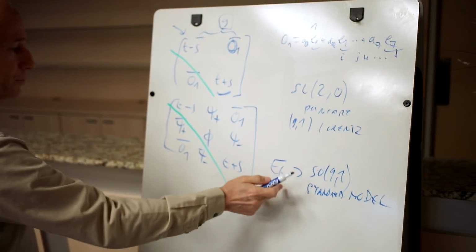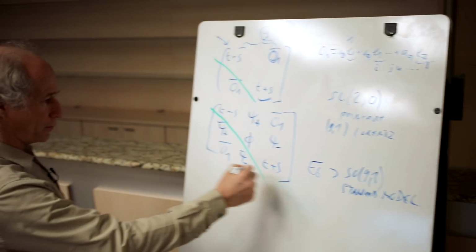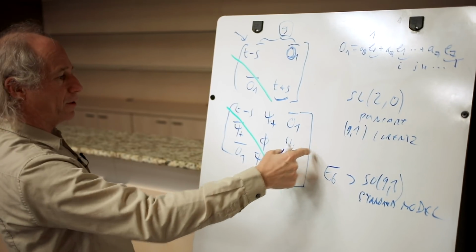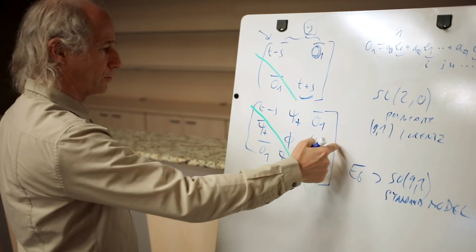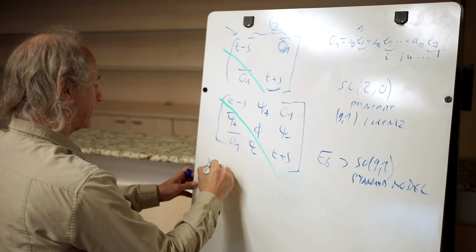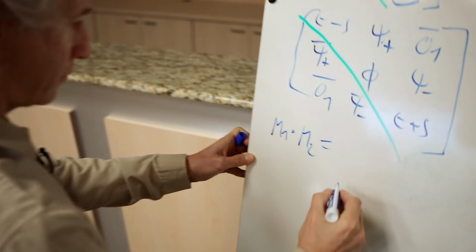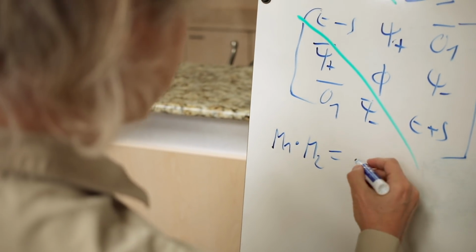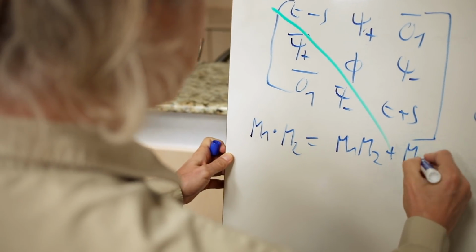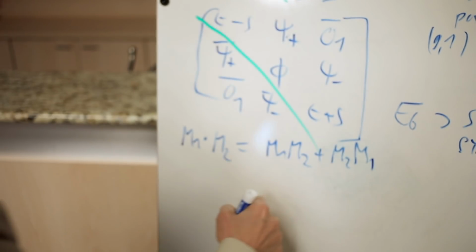So how I do this with E6 is by using a Jordan product, where M1 times M2 equals, in fact, a standard matrix product, but symmetrized.